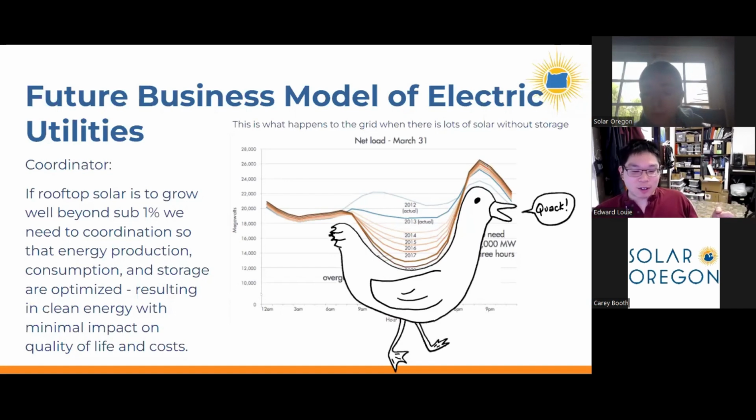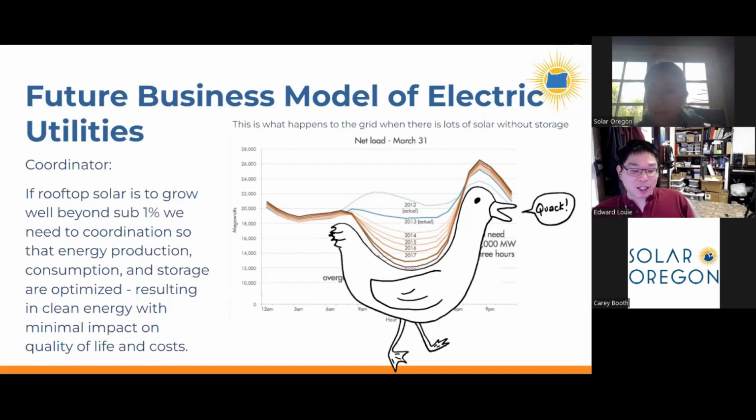That's great, but then when the sun goes down, 6 o'clock in the evening, suddenly you don't have all that solar generation. And then when people come home, they want to turn on their stoves, they want to run the air conditioner, and suddenly your loads are really high, but you don't have solar with storage.